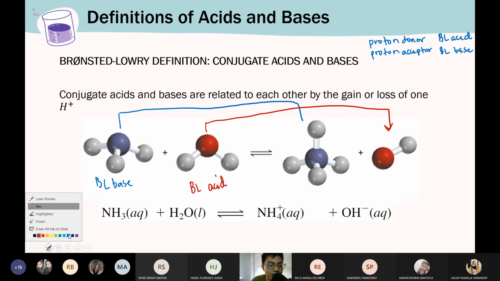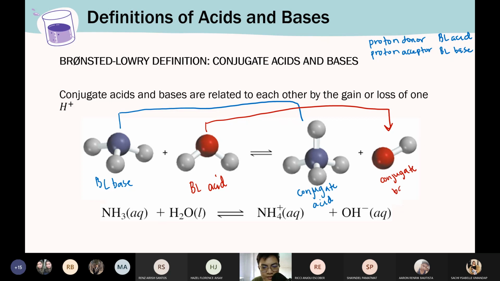So, sabi nila that when you have a Bronsted-Lowry base, ang tawag sa conjugate niya ay conjugate acid. Okay? Meanwhile, yung acid naman, ang tawag dun sa kapartner niya on the other side ay conjugate base. Okay?